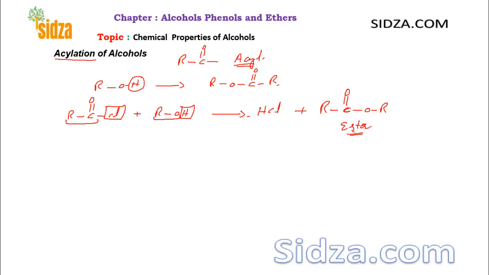So esters can also be prepared by treating alcohols with acid chlorides, and the process is called acylation because we are attaching an acyl group to the alcohol, replacing the hydrogen by the acyl group. From an acid chloride you get an acyl group that can replace the hydrogen from the alcohol.